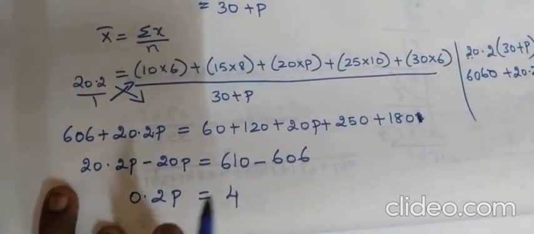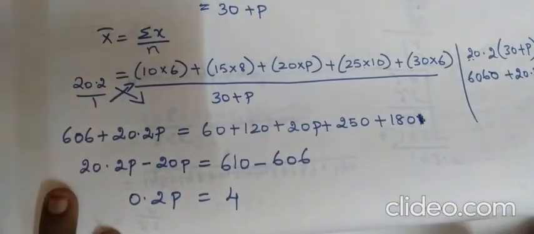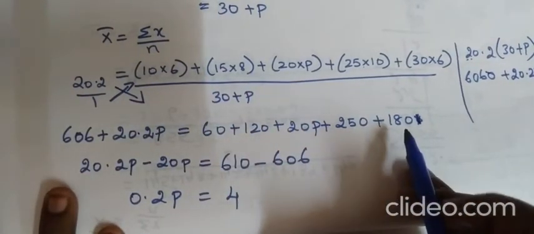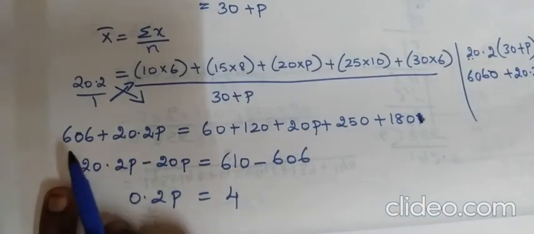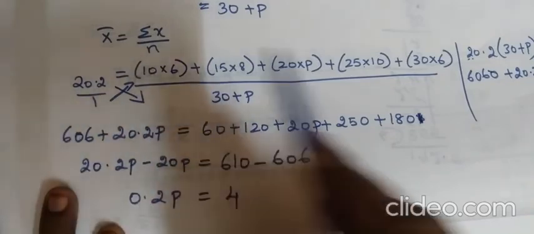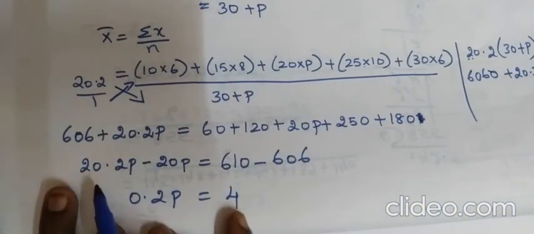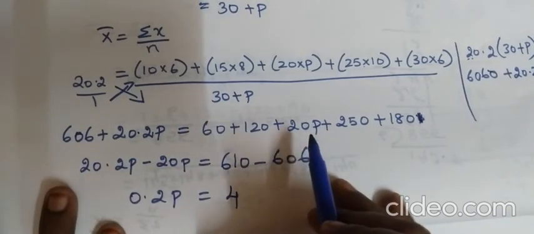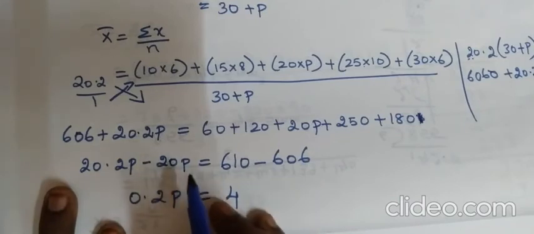Next, the variable p I am taking to this side and numbers I am taking to this side. So if I add the values alone, we will get 610. This 606 I am taking to that side, so minus 606. So 20.2p as it is I have written. From here, this 20p, if it goes this side, it will be minus 20p.